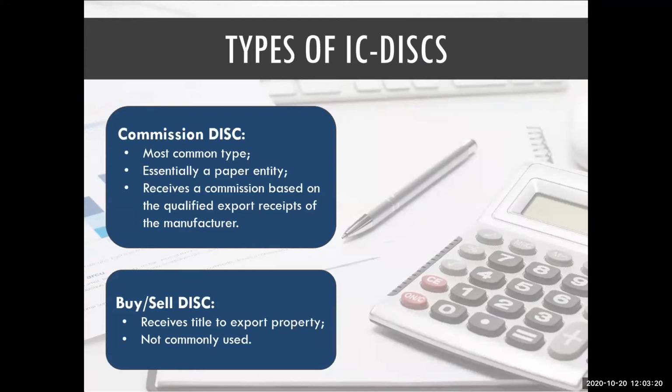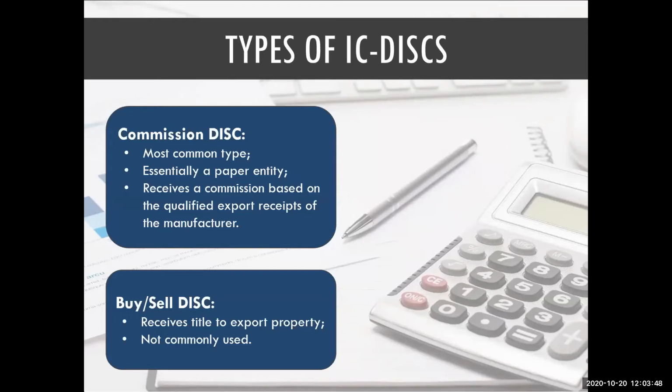There are two types of IC-DISC that are available. The first type is the commission DISC. This is the most common type and will probably involve all of our discussion today. With the commission DISC, legally what happens is an IC-DISC enters into a commission agreement with its related supplier, the manufacturing company or the exporter.